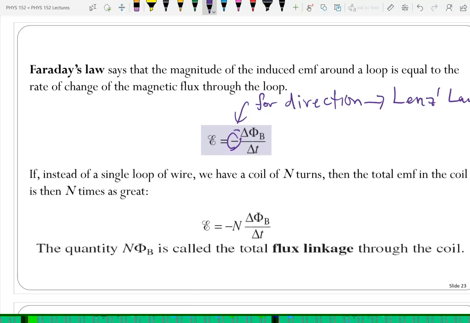So for this tabletop, the electric flux would be the electric field coming through the tabletop. For magnetic flux, it's the magnetic field coming through the tabletop. Same calculation, it's magnetic field dot area. So we have to calculate the magnetic field through the surface, and then the EMF is just the rate at which that's changing. That's what Faraday's law says.